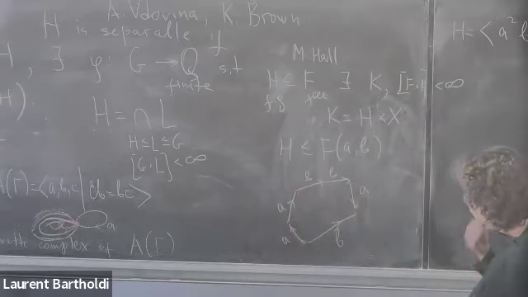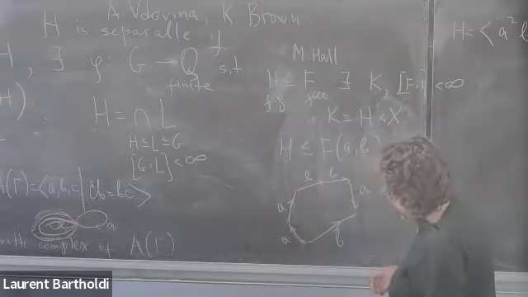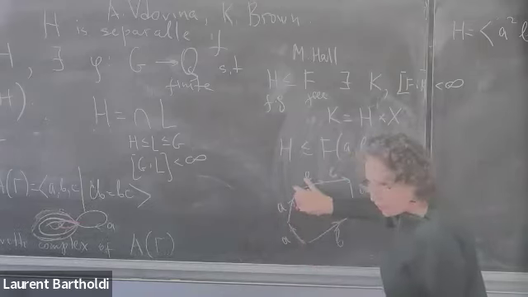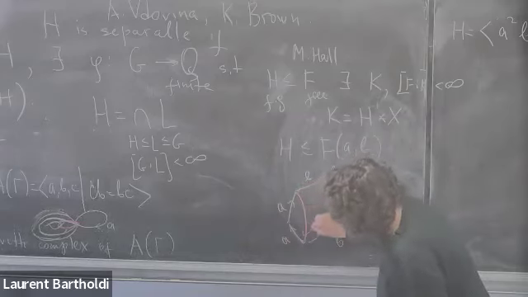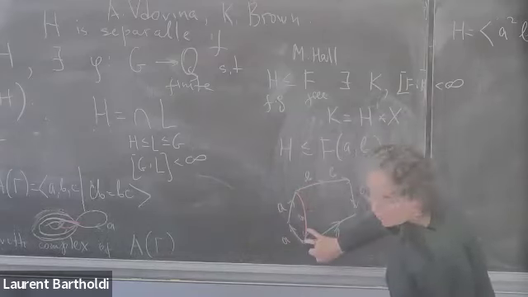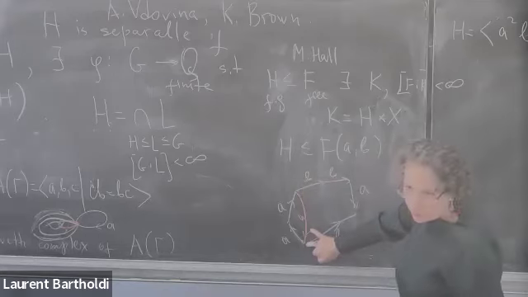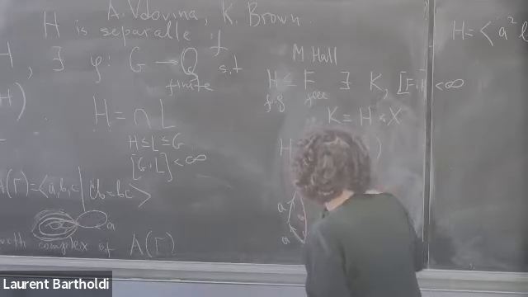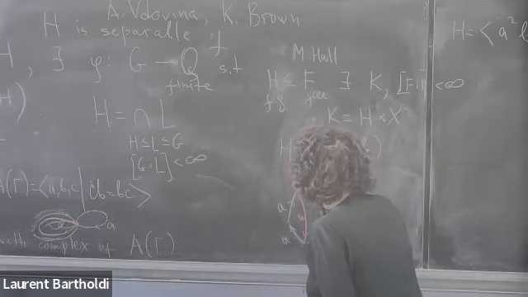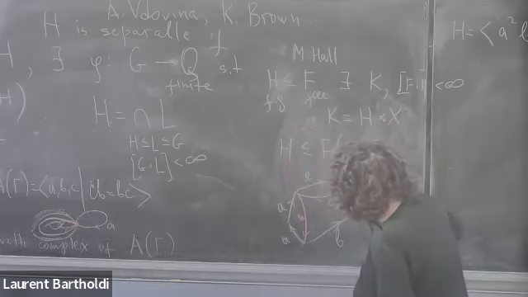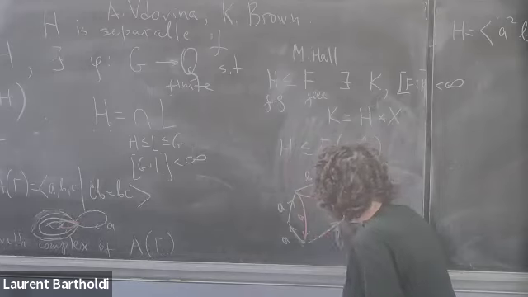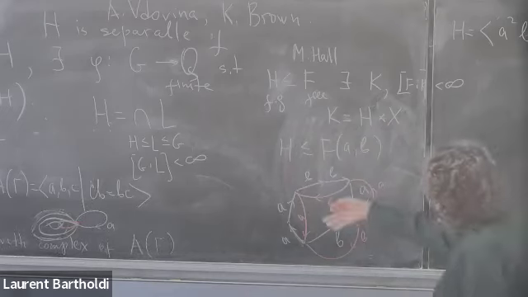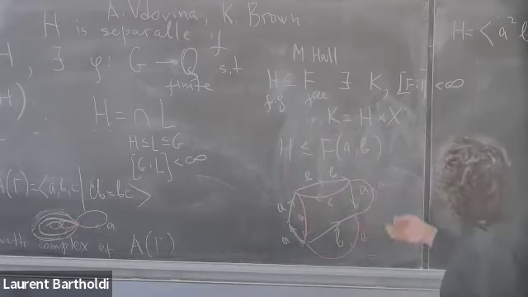So for every label, there are two labels here, A and B, we consider a connected path labeled by A, and then we complete it: we draw an edge labeled by A from the terminal vertex of this path to the initial vertex of this path. Then we can do the same for B. And this is a core graph for this K.